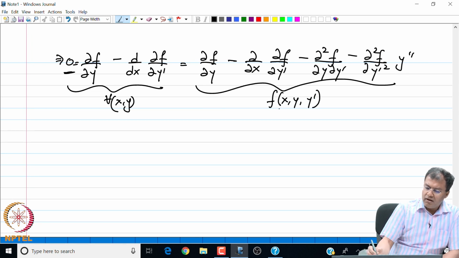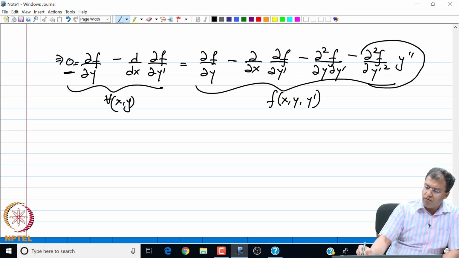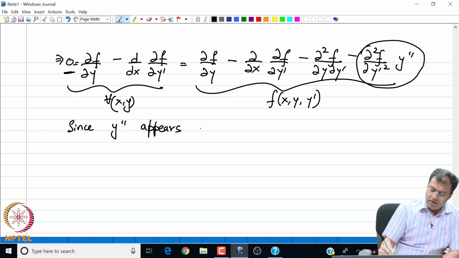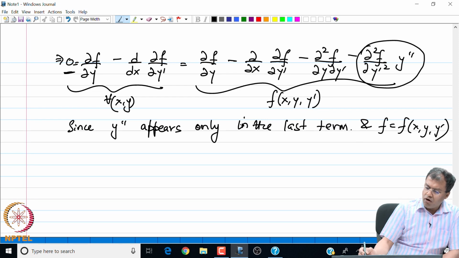So, the maximum derivative argument that f has is only up to first order, which means that the only term which contains the second derivative of y is this following quantity, and since we do not have any terms involving second derivative of y, right, so what I am saying is the following: since y double prime appears only in the last term, and f is only a function of x, y and y prime, there won't be an explicit appearance of any terms involving y double prime.